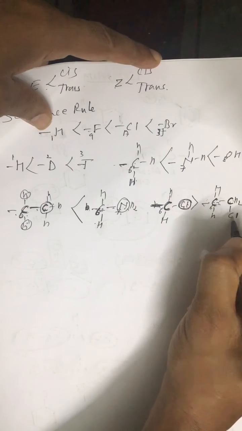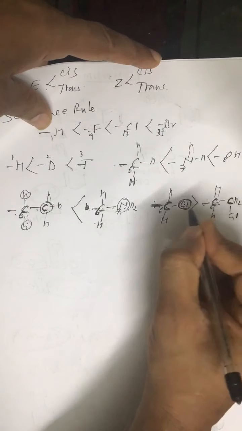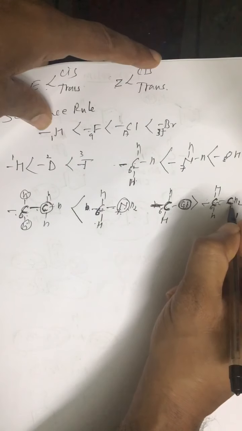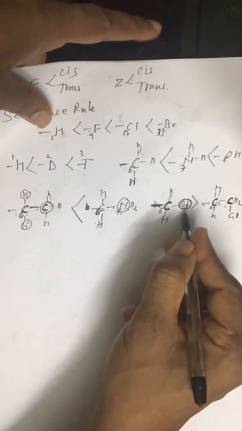First, second, third. So after comparing the first atom, the second atom is compared. Here the second atom is chlorine, here the second atom is carbon. So on the basis of this we can say this group is senior.